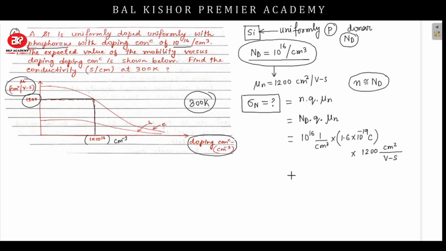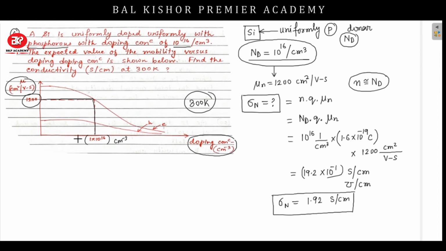If we calculate this, we will get 19.2 into 10 to the power minus 1 Siemens per centimeter, also called mho per centimeter, and ultimately we get 1.92 Siemens per centimeter. So this is the value of the conductivity of this n-type material.